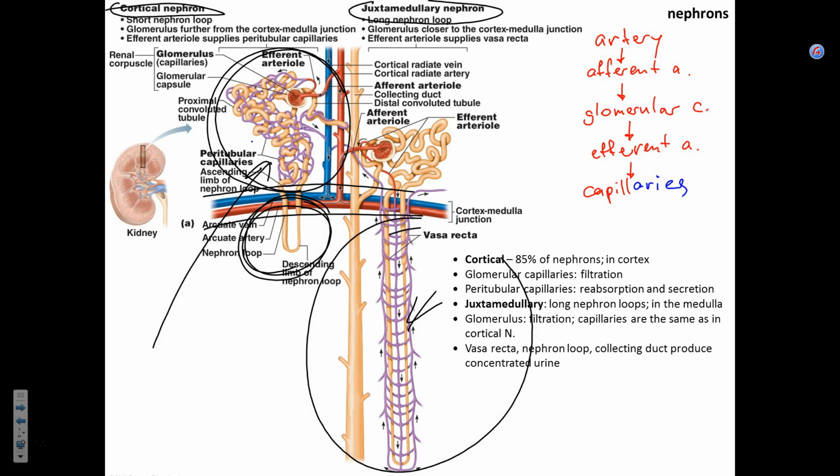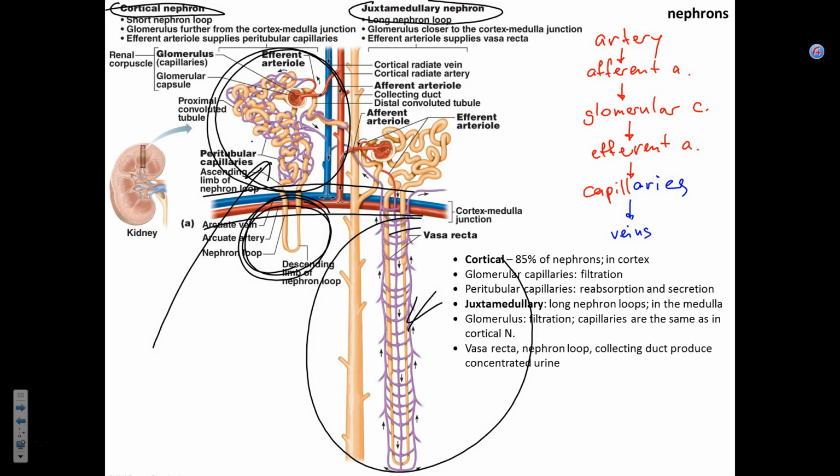Because we will talk about the difference, but still capillaries. And these capillaries eventually drain into the veins. That story, does it make sense? That's what we just talked about. It's just put in the form of a flowchart, right?